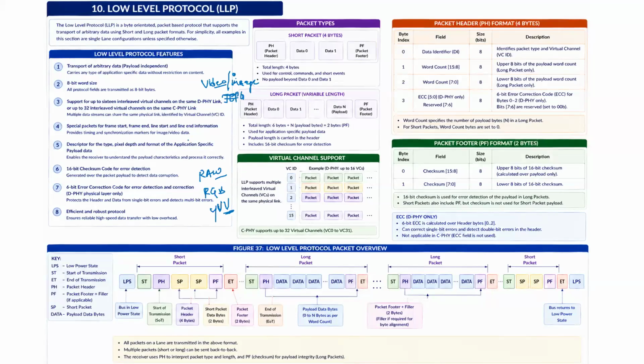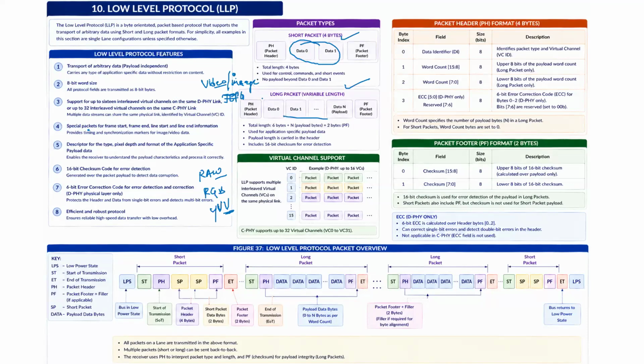So how are we sending the data? In a packet format. That is the short packet method and the long packet method. Short packet method means only one or two data are supported here. And the long packet method means multiple data we are transferring.